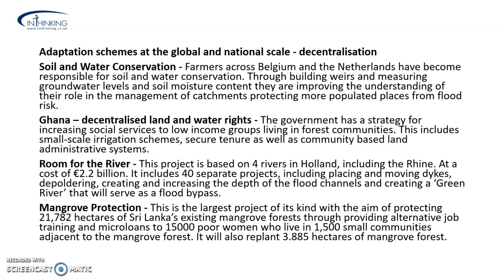And another really good example is mangrove protection. And if you've done the coastal unit, you'll have a lot more information on this type of adaptation. So this is the largest project of its kind in Sri Lanka. They're protecting over 21,000 hectares of mangroves. And they're doing that as well through this community engagement, providing alternative jobs, training, providing microloans for 15,000 poor women in 1,500 small communities adjacent to the mangrove forests.